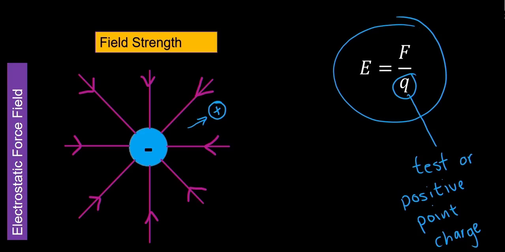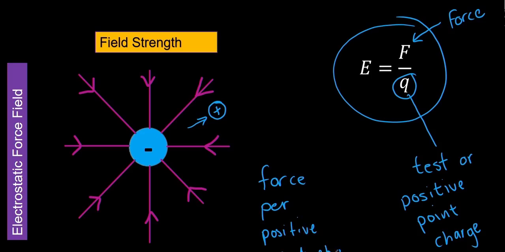So here we've got the formula. F stands for force. So it is the force per positive point charge. And it's really little, so it almost has a negligible effect on the original field.